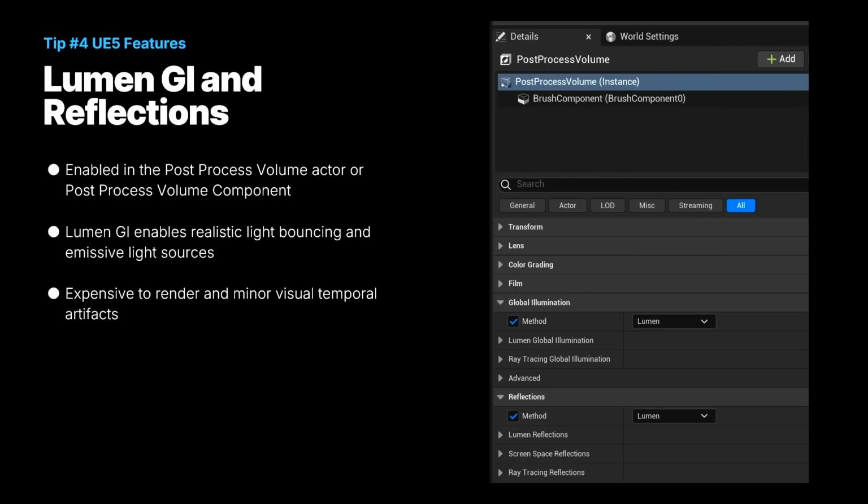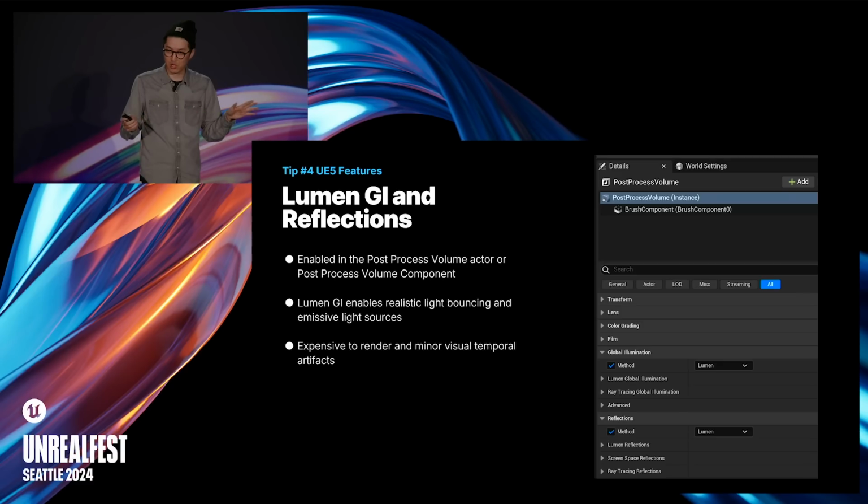Alternatively, if you want to have a section of your map having realistic lighting, having bounce lighting, and these reflections, you can designate this with a post-process volume, which is literally a box. So it's like in the box, realistic lighting, outside of the box, UE4-ish kind of lighting. One example I saw online, not from mine, was some open world game where the exteriors with all the trees and whatnot didn't need Lumen.